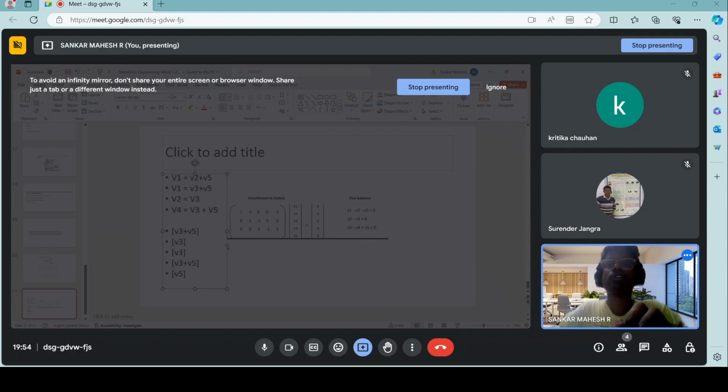We know we have V3 and V5 here, correct? So what we'll be doing is we'll split this such that we take V3 out. If we take V3 out, in the first equation we'll have 1. Similarly, if we take V5 out, again in the first equation we'll be having 1.